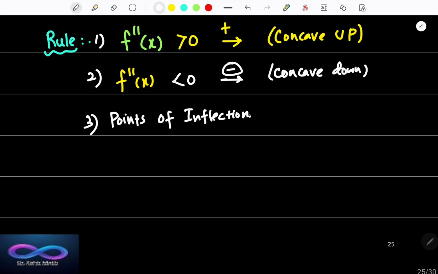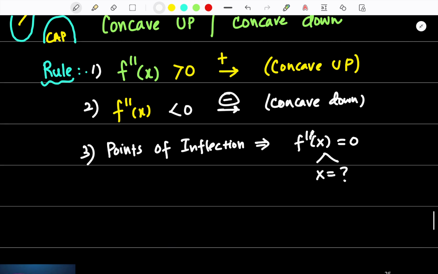So what is the rule for points of inflection? f double dash of x equal to 0. Solving this, you get x equals, which is called the inflection points. Clear? Concave up and concave down is so easy.